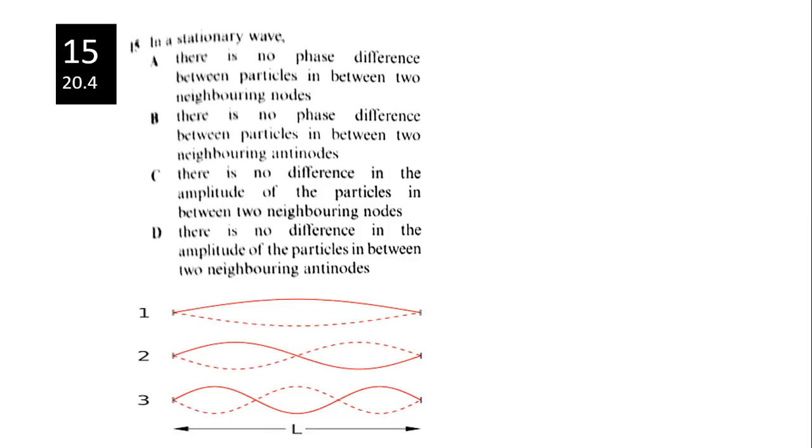There is no difference in amplitude of the particles in between two neighboring nodes. There is no difference in the amplitude of particles between two neighboring antinodes. What's the right answer?